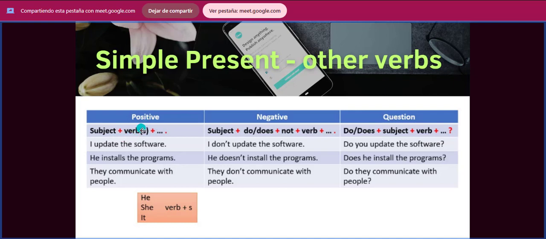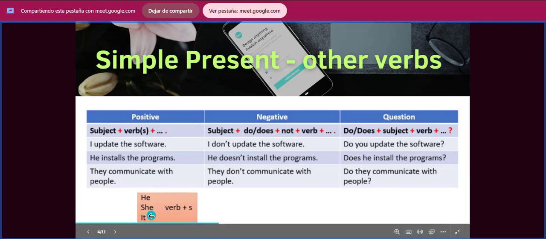And as you can see in the formula that I provide you with, we have an S in parentheses. It means that with some subjects we'll need to add an S to the verb, but with some other subjects we won't. So when we use he, she, or it, or its equivalent, then to the verb we'll need to add an S at the end.